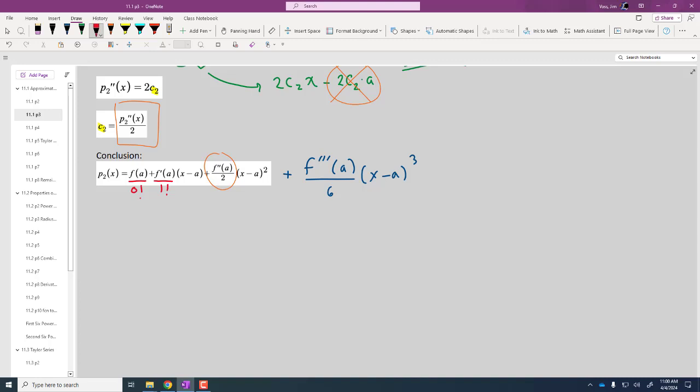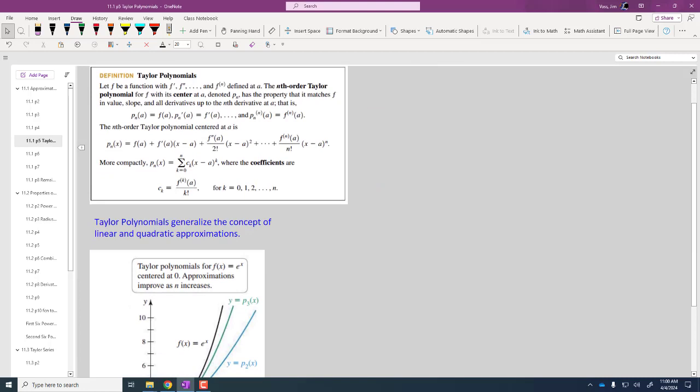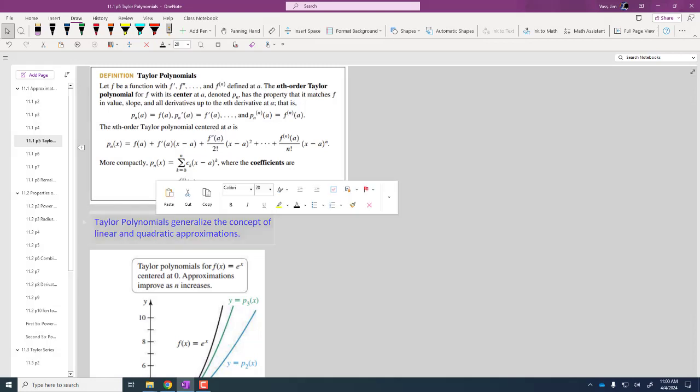And then this you're going to think of as 2 factorial, and this one will be 3 factorial. So that generalization for that leading coefficient will always be a factorial, which we will see on this slide here. So here is the general form of the coefficients. It's the kth derivative evaluated at a divided by k factorial.